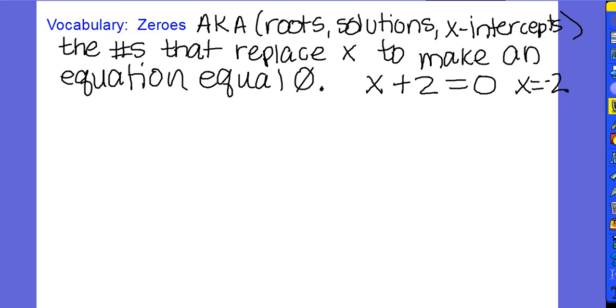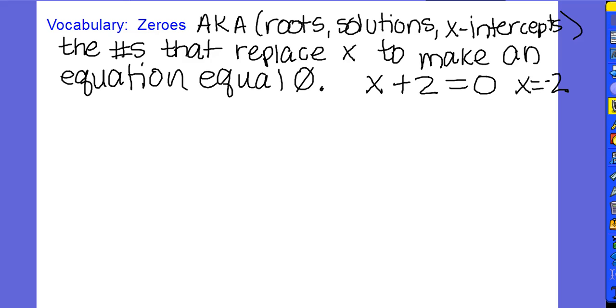So here's what a zero is. It's the numbers that replace x to make an equation equal 0. For example, I gave you x plus 2 equals 0. What does x have to be in order for that to equal 0? -2.